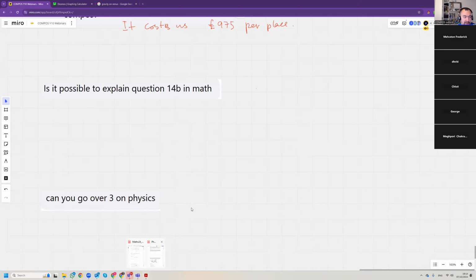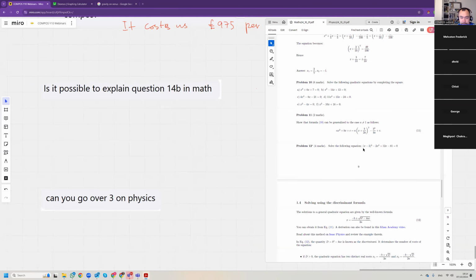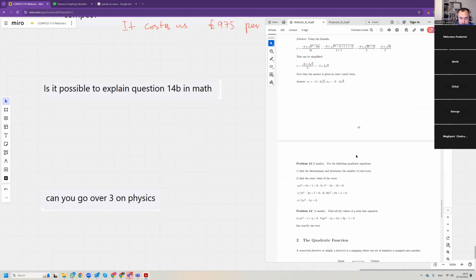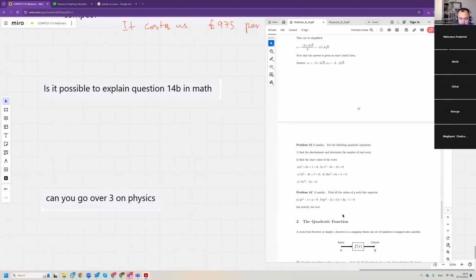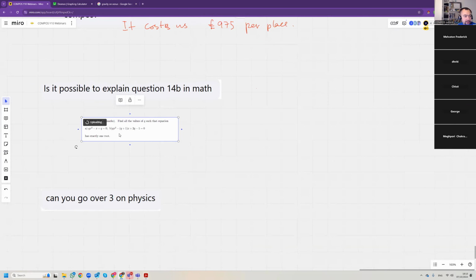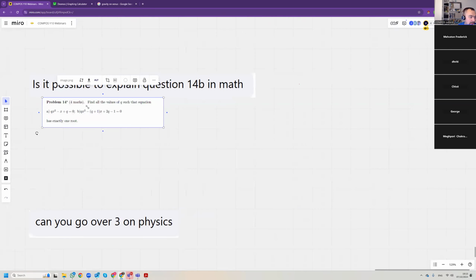So 14B in maths. Well, 14B has one root in 2 scenarios.